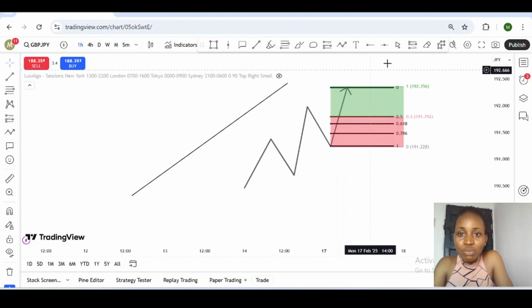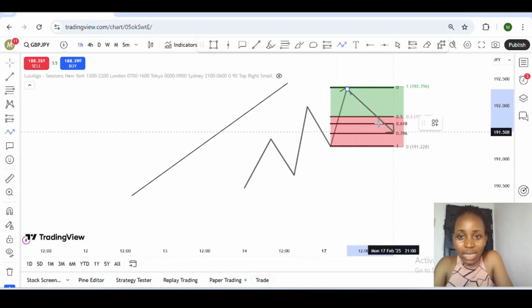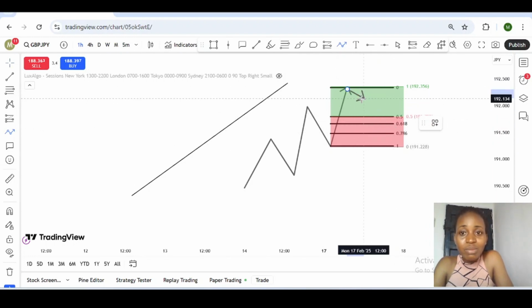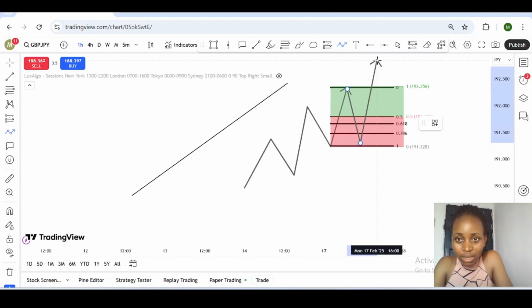So if the market is pushing lower, it may decide to respect any point at all before the next continuation leg to the upside. It may just decide to respect this 50%, or retrace into this 61%, or retrace deeply to this point, or even get to this origin here before the next push to the upside.